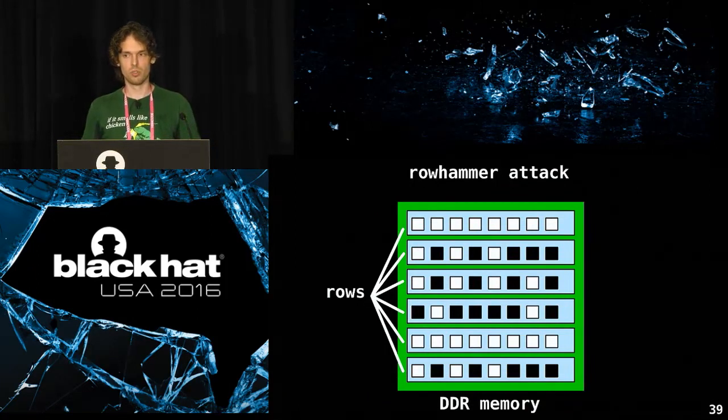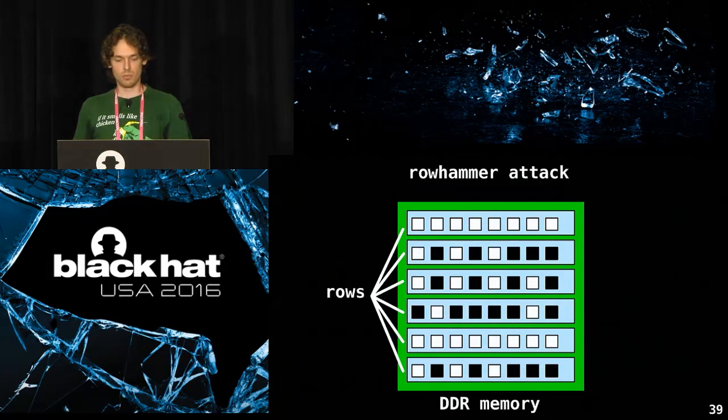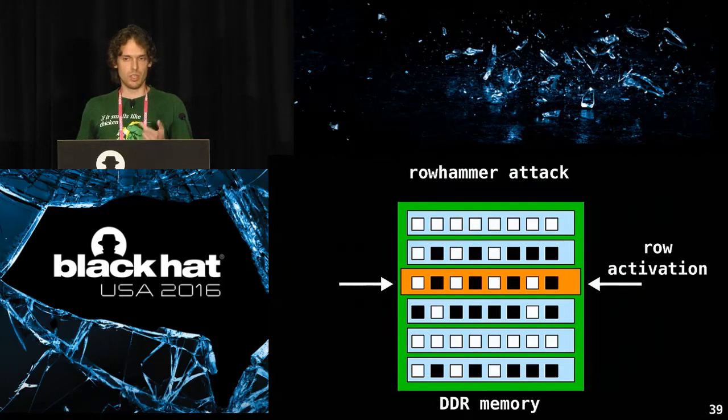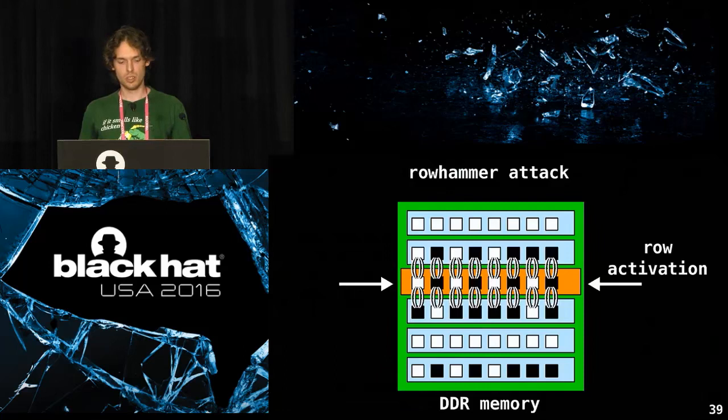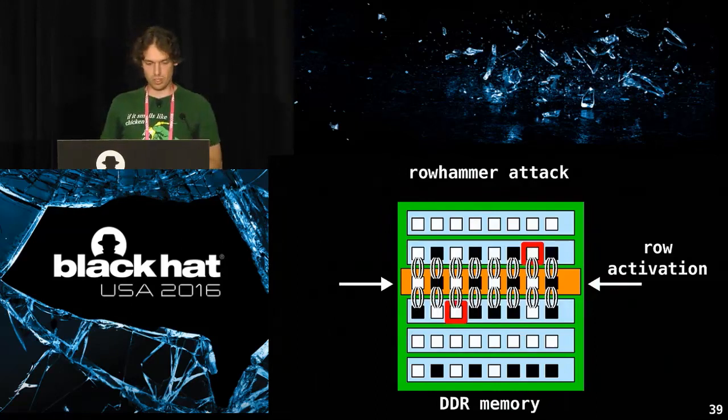For rowhammer, the observation is that if you read a memory address repeatedly, memory is divided in rows, and if you cause the hardware to read a row repeatedly, neighboring rows will leak charge at a higher rate than normal, and if you're lucky as an attacker, bits will flip in neighboring rows.